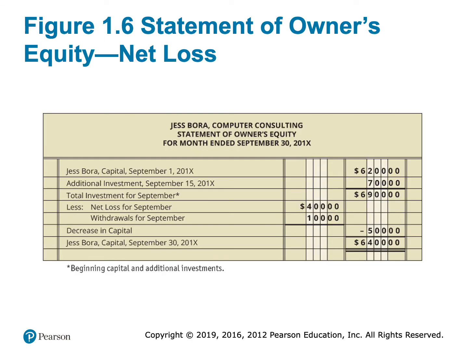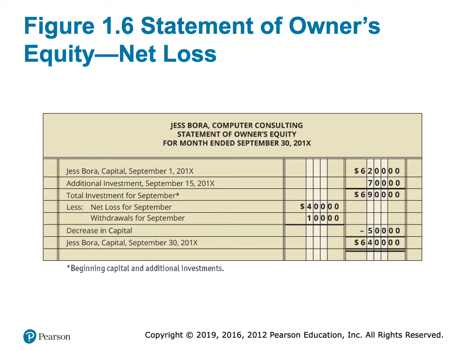So here we see a slightly more complicated statement of owner's equity. Notice in this example we had additional owner investment. So we started off with our September 1 balance or beginning balance, then we added the additional owner investment. Then we had, in this example, a net loss and a withdrawal.